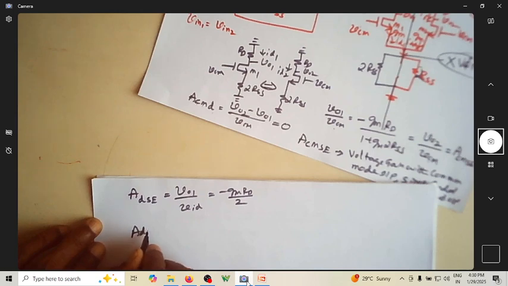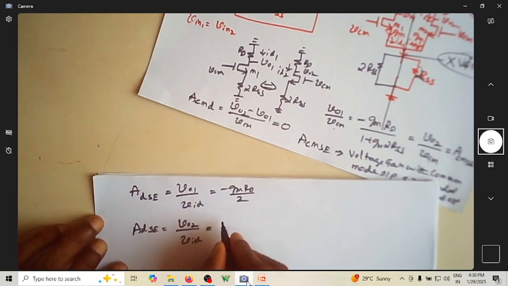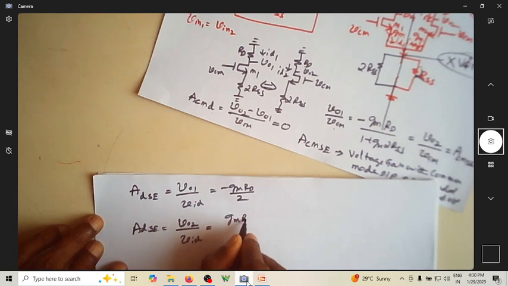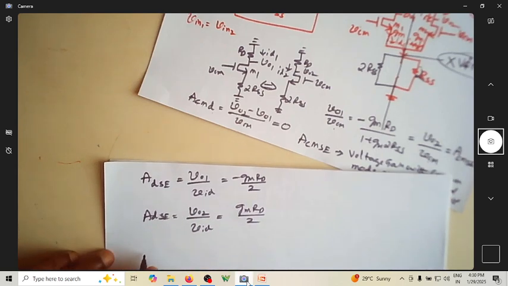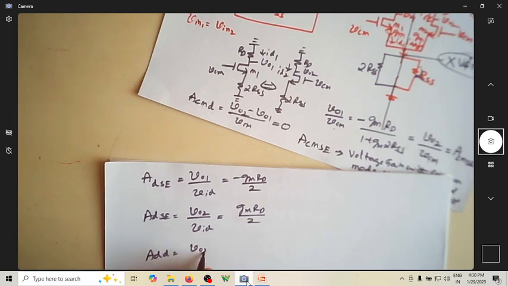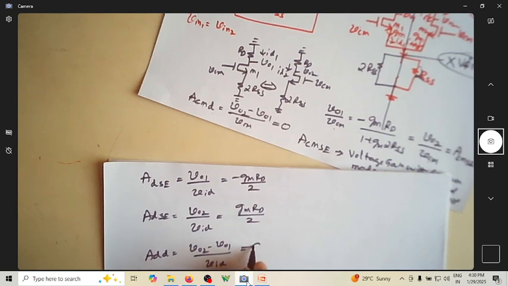Another ADSE, which is V02 by VID, pertaining to the last video, is GM RD by 2. ADD, that is, differentially measured voltage gain with differential input, is V02 minus V01 by VID, which will be equal to GM into RD.